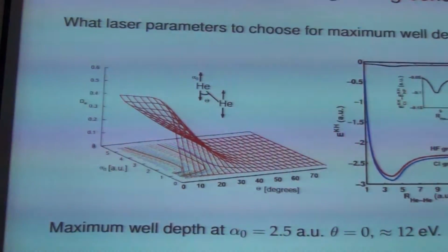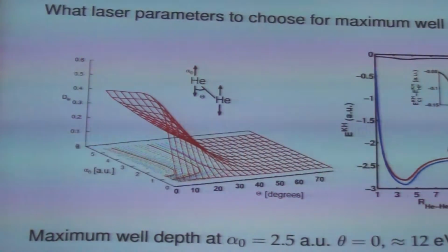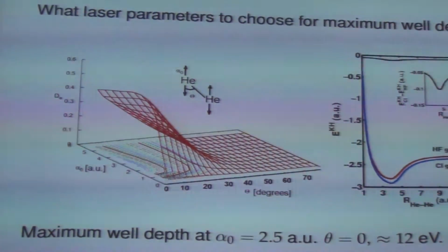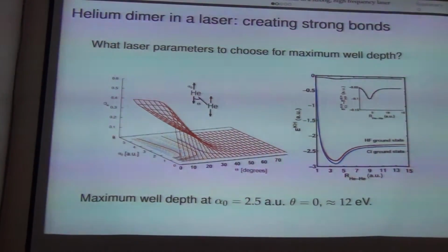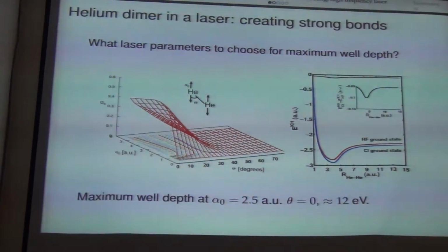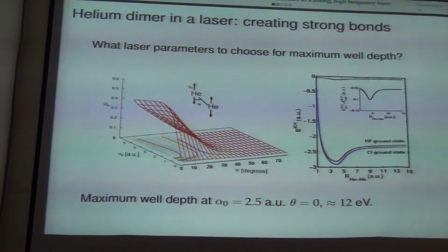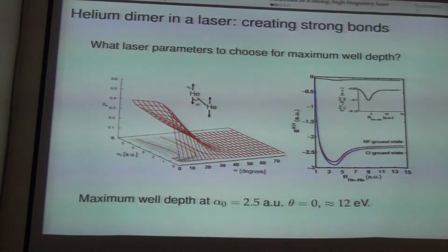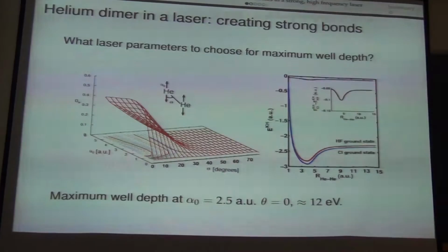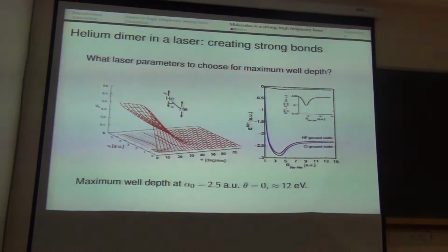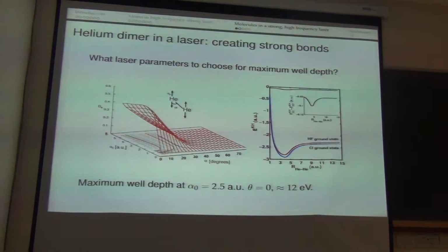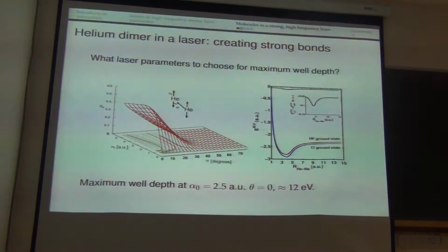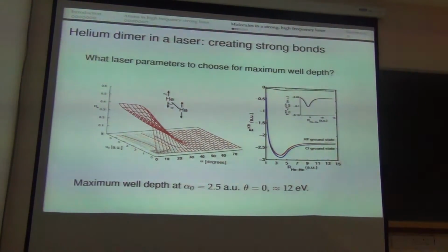So after optimizing all these parameters, you remember in the first slide what I had shown you was they are very weakly bound, you had a very extended van der Waals molecule. So when the laser parameters got optimized, optimized to a certain sense, a very deep well was there. And the bond energy went from 10 to the power of -7 to about 12 electron volt.